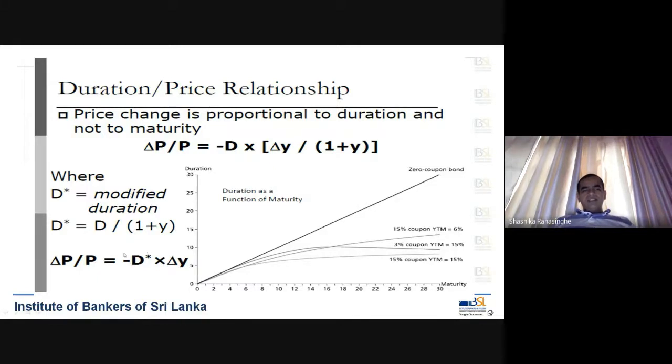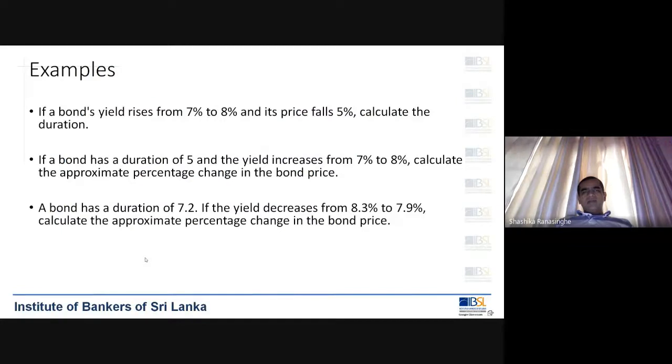And modified duration is again the percentage change in price divided by change in yield, right? This is of course Macaulay's duration, and modified duration. So let's try these examples.